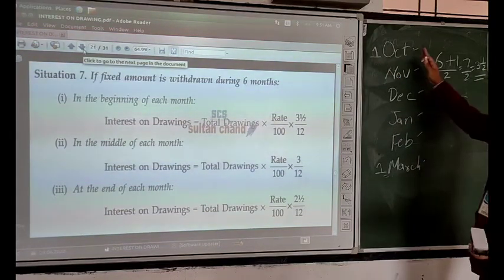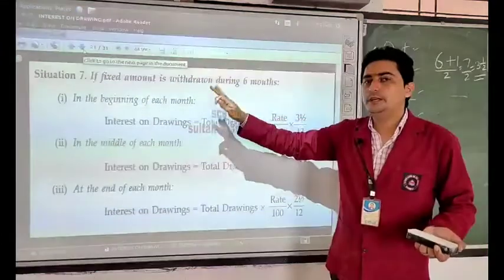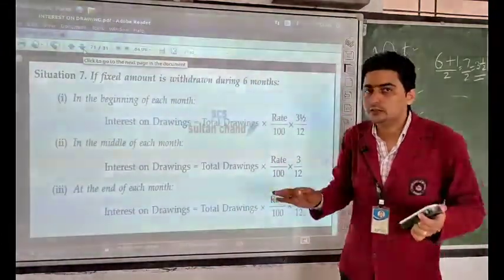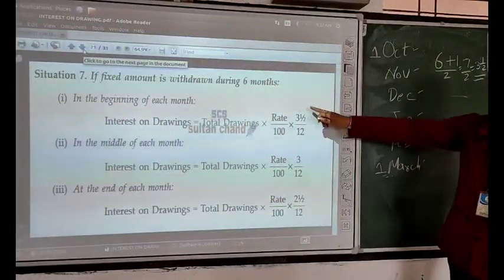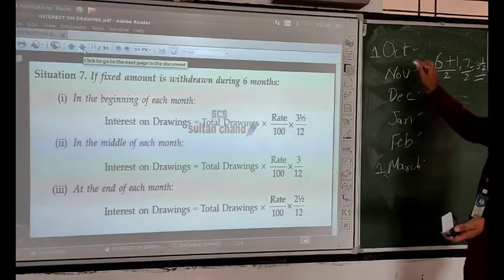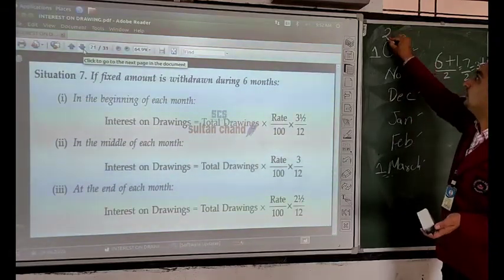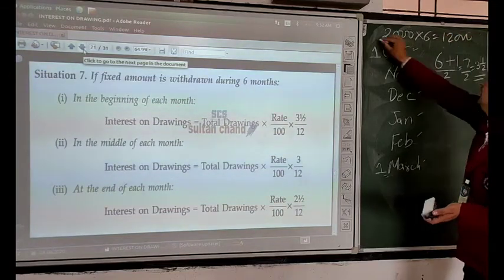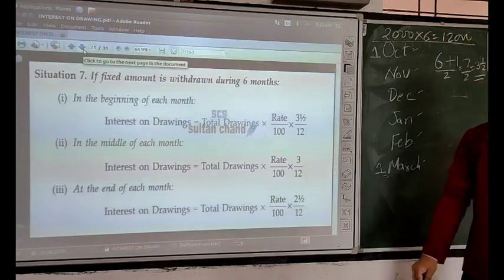So if he is doing drawing in the beginning of each month, amount is same, interval is also same. So average period of time will be 3.5 months. And what will be the total drawing? If he is withdrawing 2,000 rupees every month, in 6 months his drawing will be 12,000. So total drawing will be 12,000.